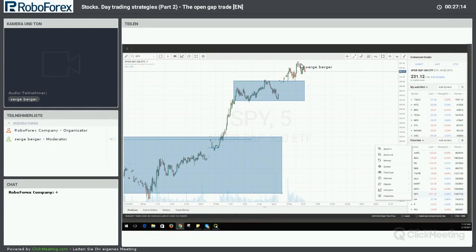That's an important aspect about gaps. So it's not just the gap fill that we're looking for. We can also trade a gap based on going in the direction of the gap.